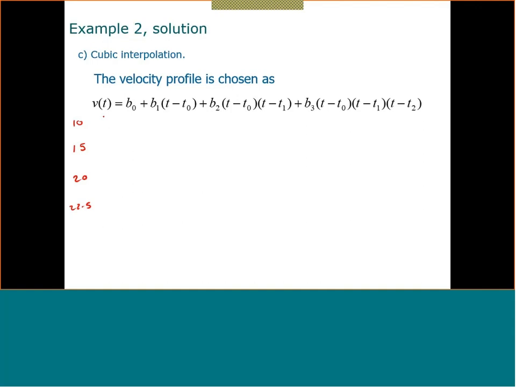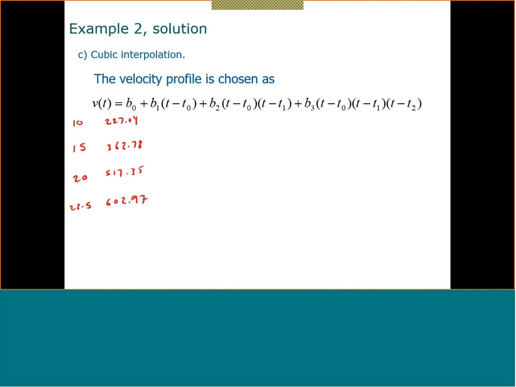So we'll have here 227.04, 362.78, 517.35, and finally 602.97.